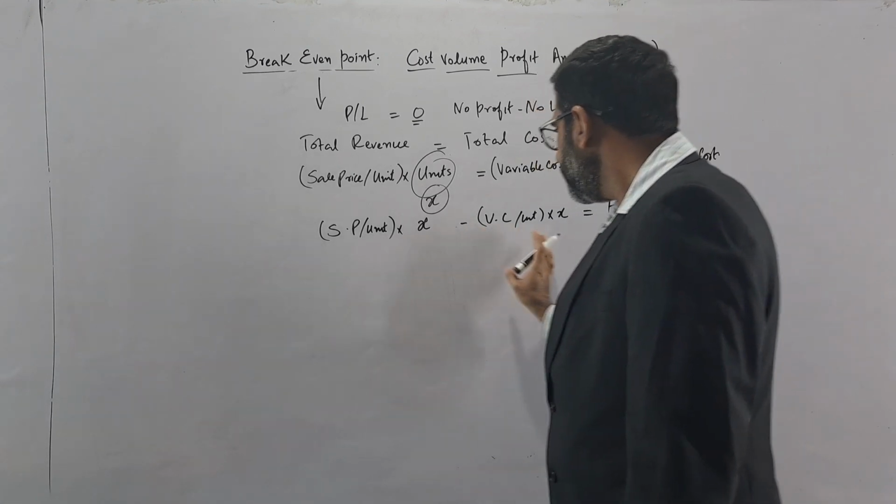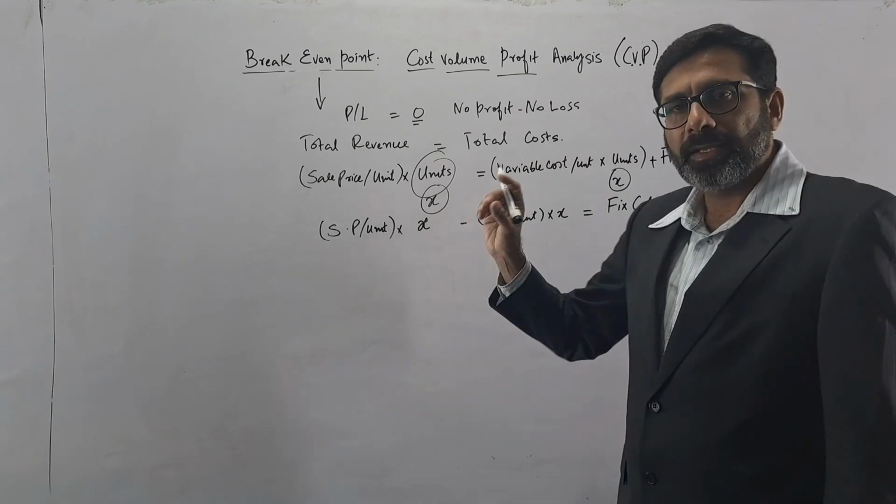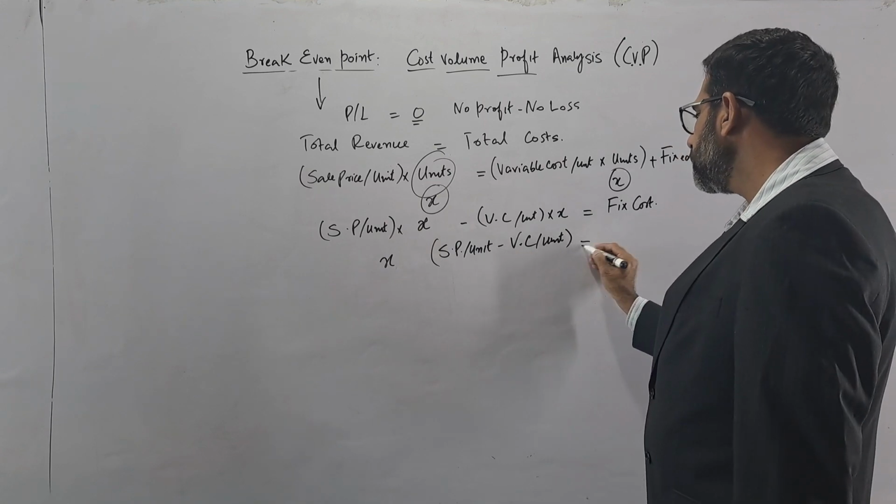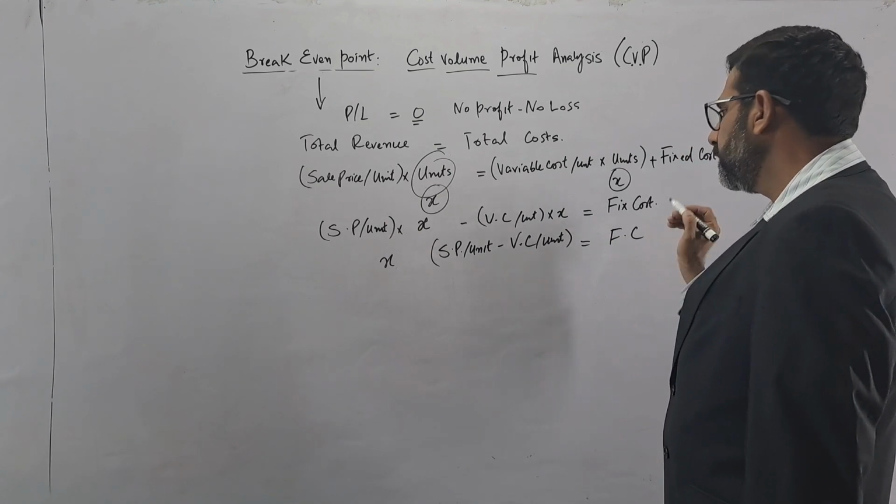Now from here, what is common? x is common, and then it is equal to the fixed cost.